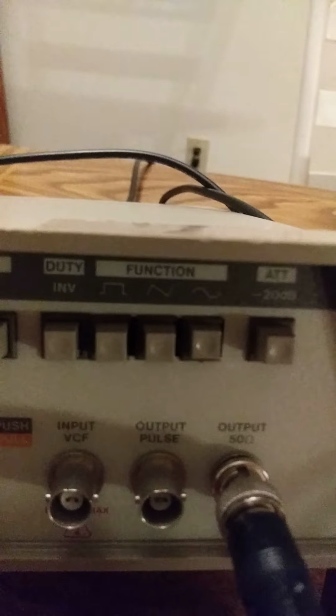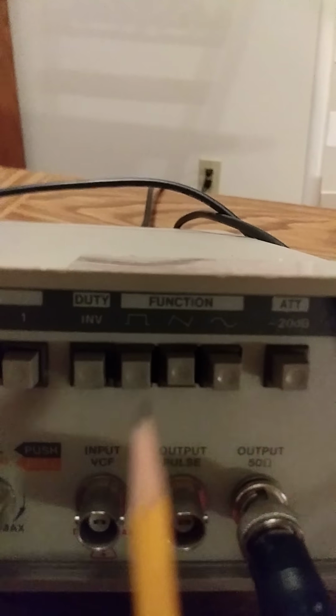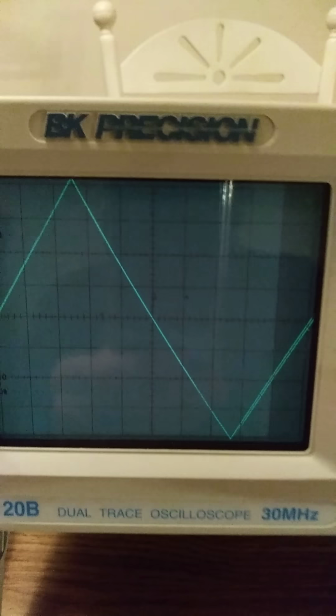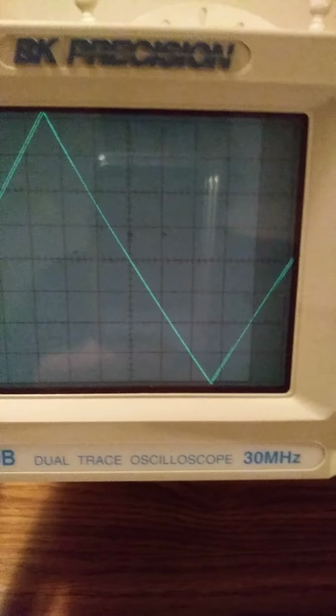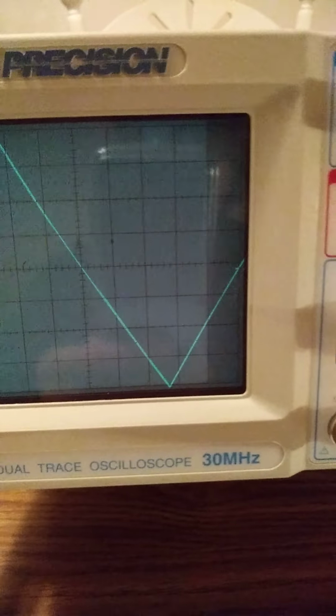If I push this button, I get a sawtooth wave. It's basically just a voltage that ramps up and ramps back down and ramps up again.